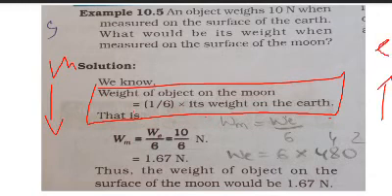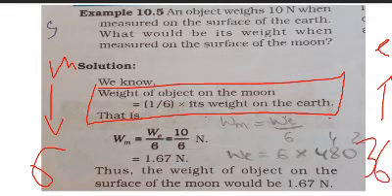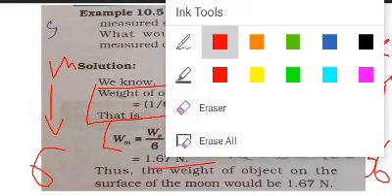Let us take an example: if the weight of an object is 6 on the moon, then what will be the weight on the earth? It will be 36, multiply by 6. By using this formula, we will get the answer. Right?